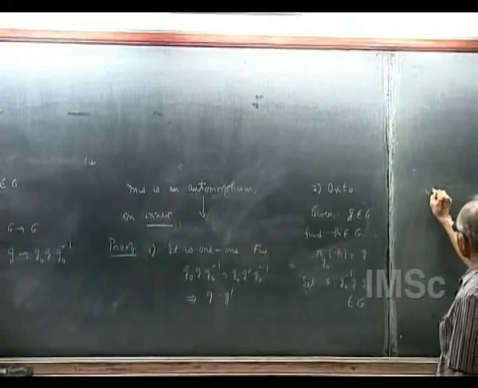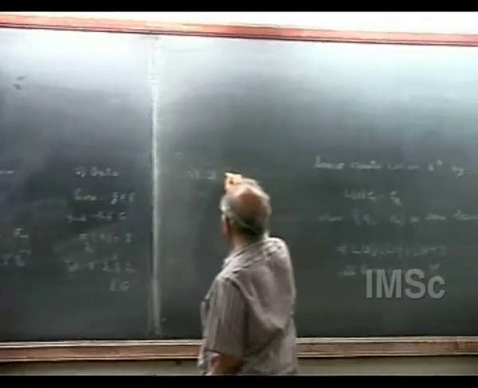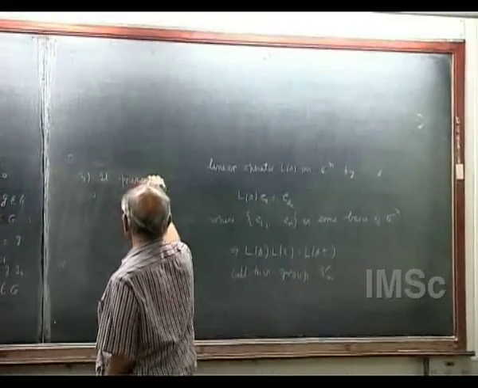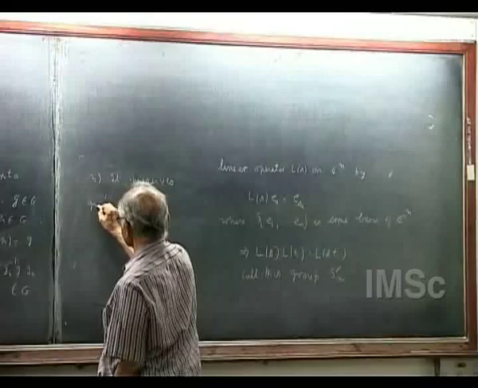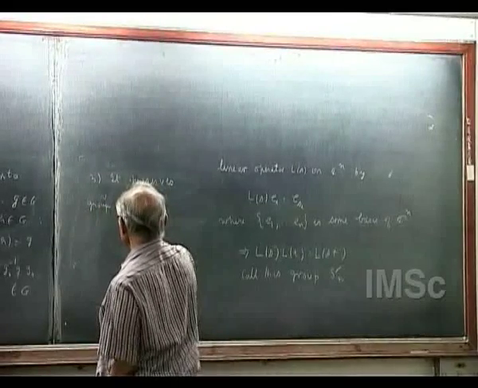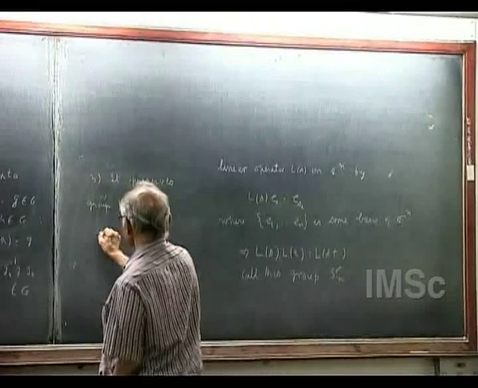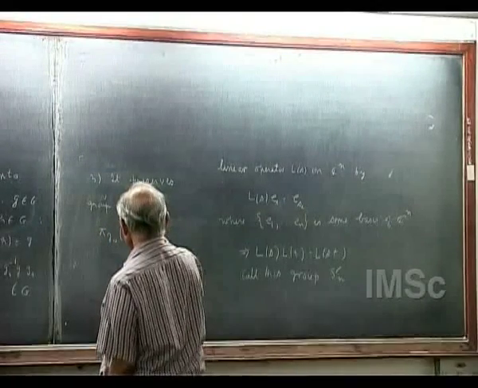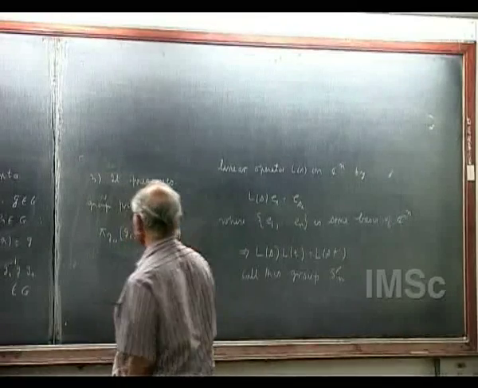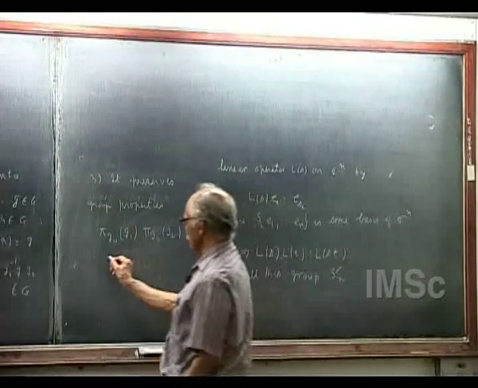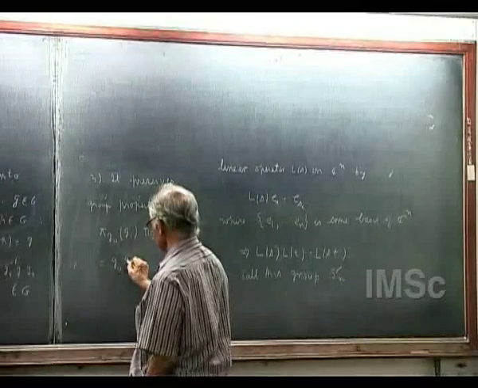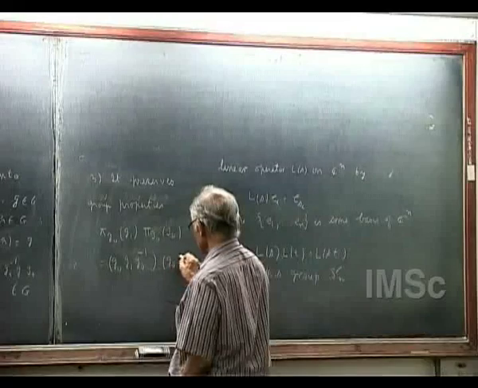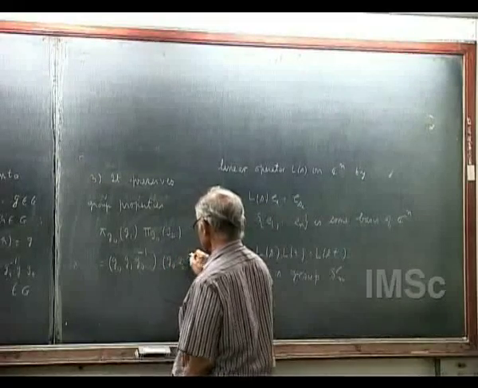Thirdly, it is an automorphism, it preserves group properties. Again the proof is easy, that is, we take phi of G0 G1 and phi of G0 G2, we multiply it out: G0 G1 G0 inverse G0 G2 G0 inverse.